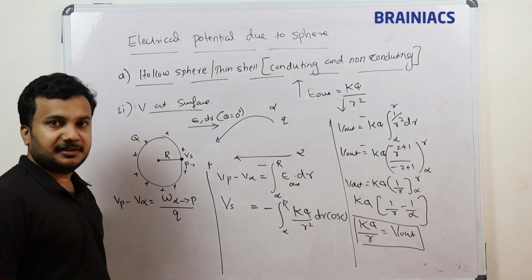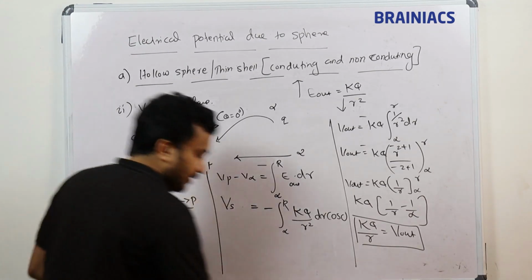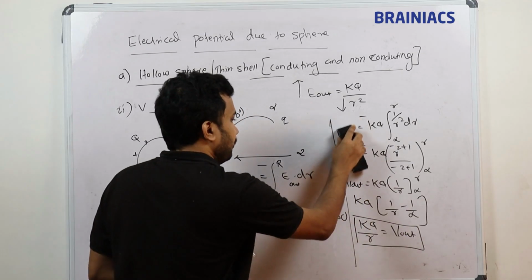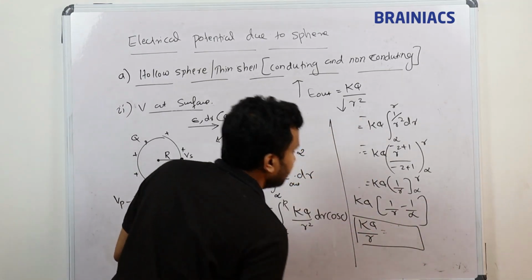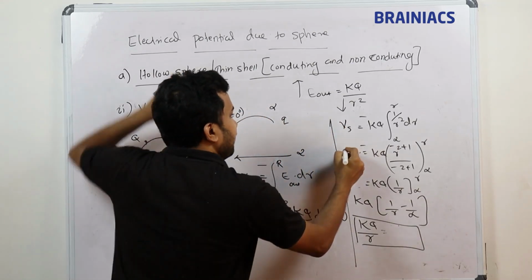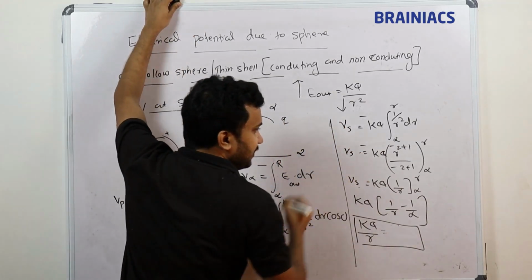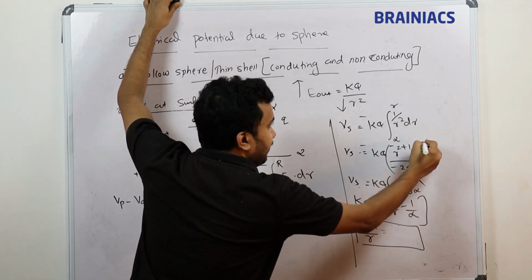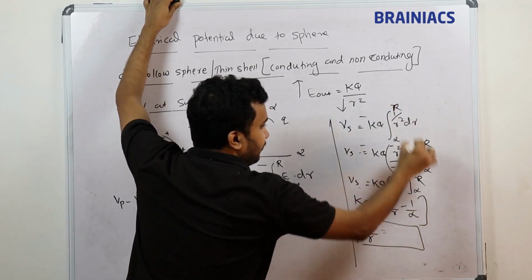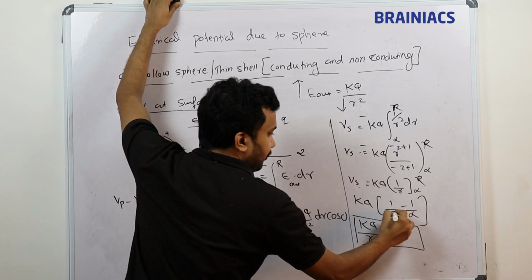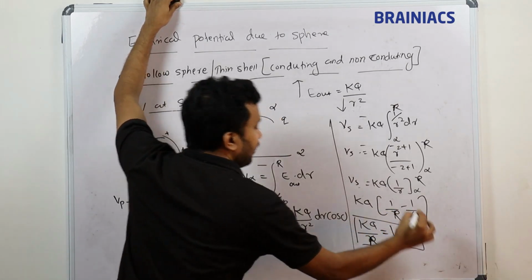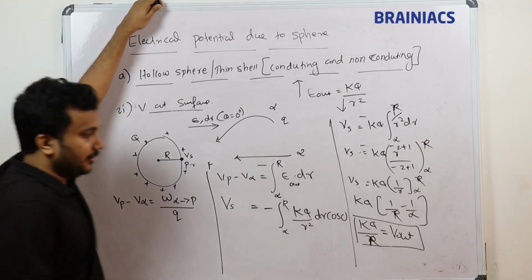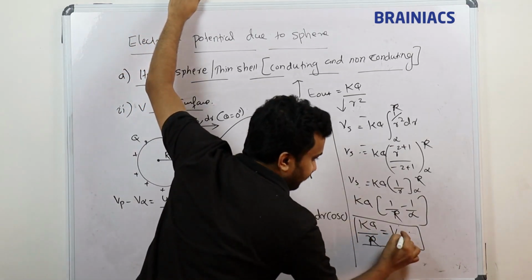Only the integration limit is changing. We substitute the limit, and this is equal to V surface.